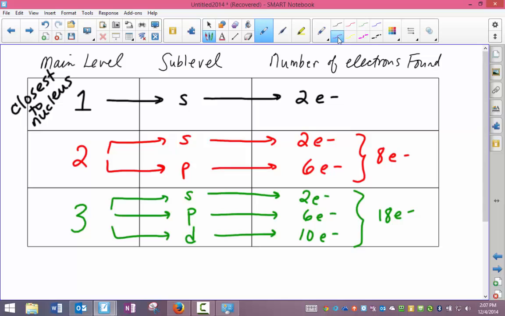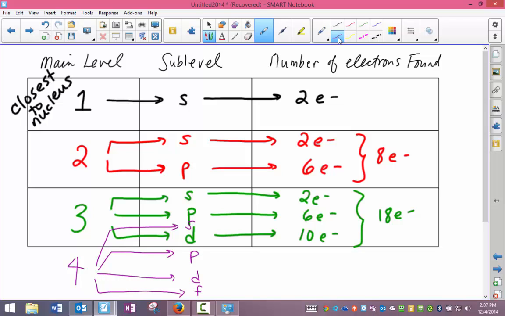If I were to draw the 4th level on my smartboard, I would have 4 sublevels, S, P, D, and F. But what's weird is that the 4th level's S sublevel overlaps with the 3rd. So do you see how my purple line is coming in? And then the P goes around here. We have the D, and then we have the F. But I wanted to show you that.